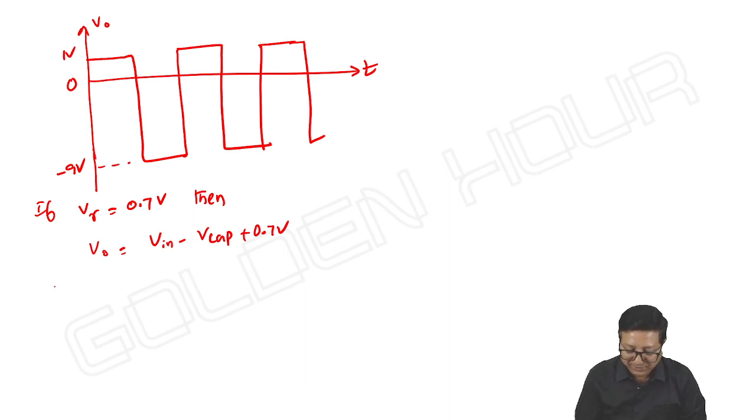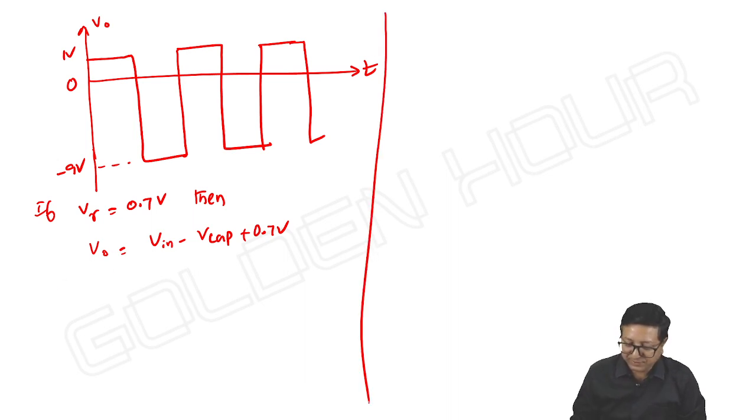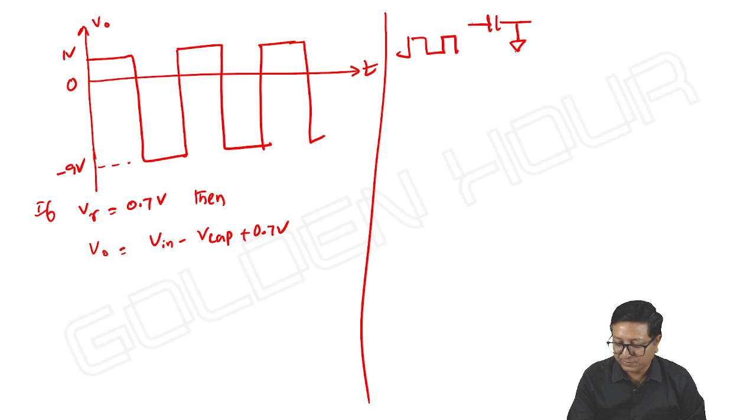Unbiased clamper means, write some square wave input to this unbiased clamper. Then how do we get the output here? It's plus 0.7 now. 0.7 is added.